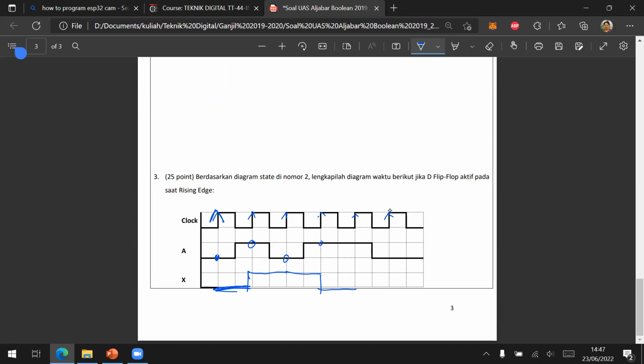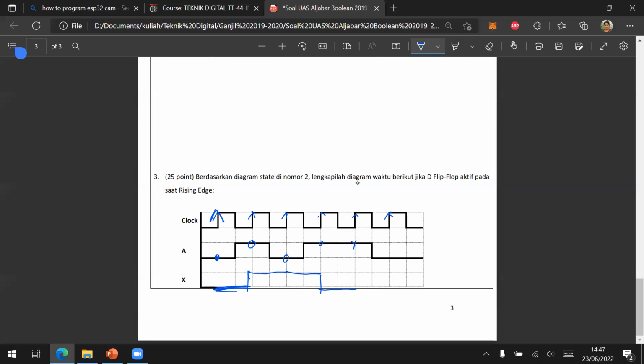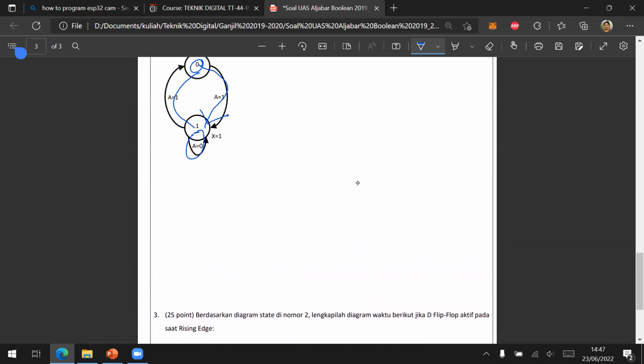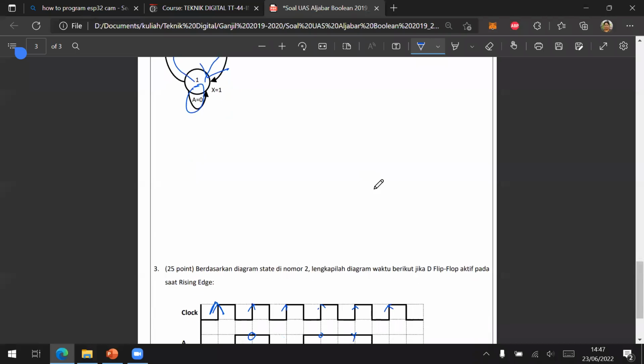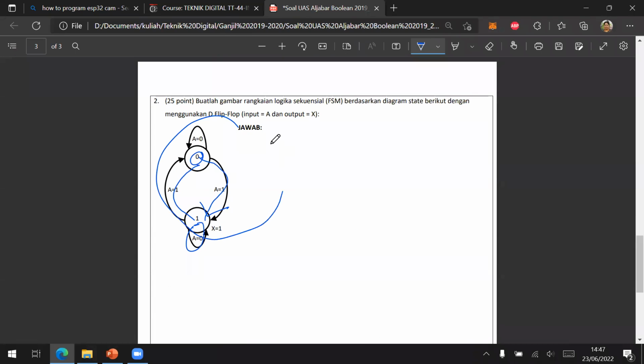And then the next clock, A is 1, so it will change back to 1. And then the next clock, A is 0, so it will stay 1. That's it. This is our timing diagram based on the state diagram.